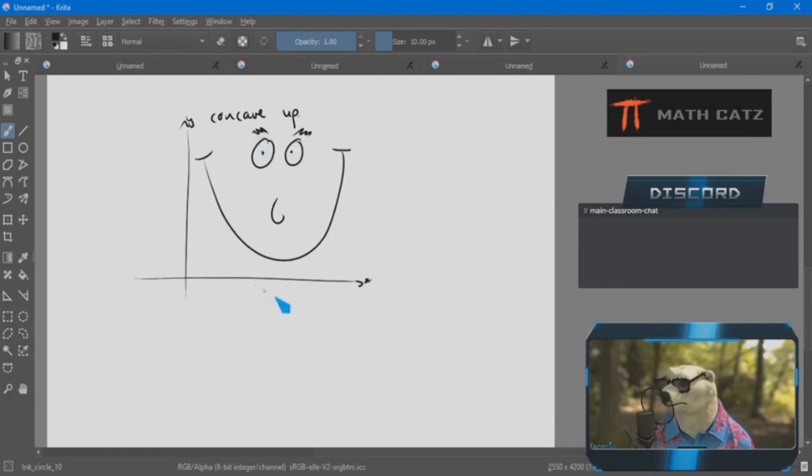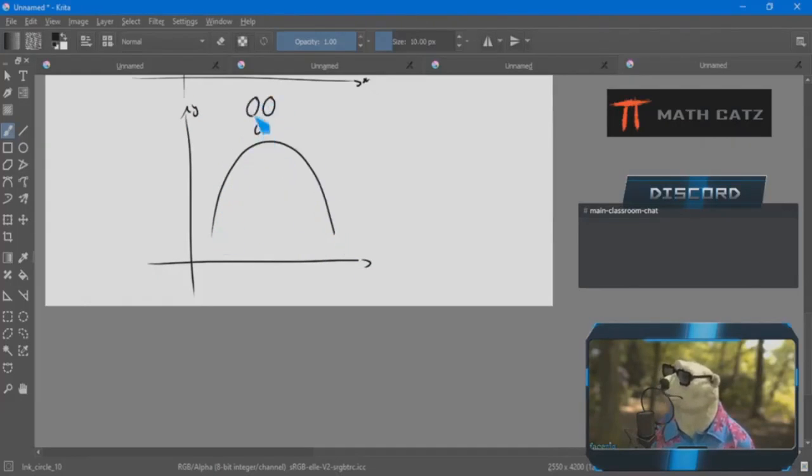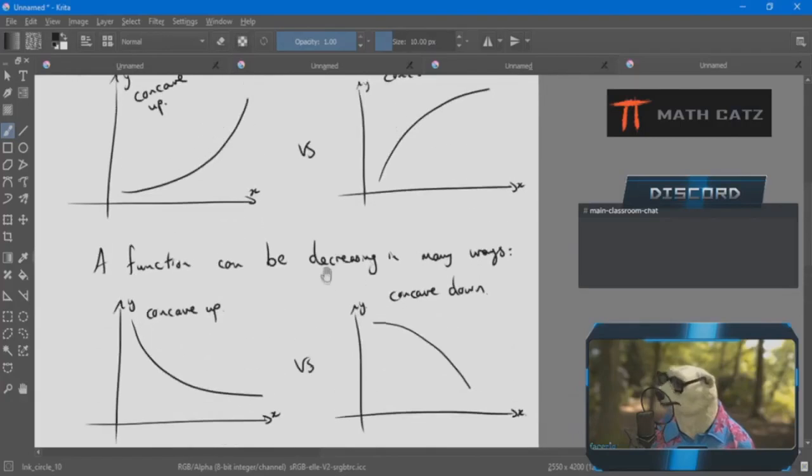Concave up. When I'm sad, I am down. When I'm down, I frown. Concave down. So it's pretty easy to remember which is which. But know that it doesn't have to be a full turn. It could be a little half smile or a little half round. Concave up, concave down. Okay.